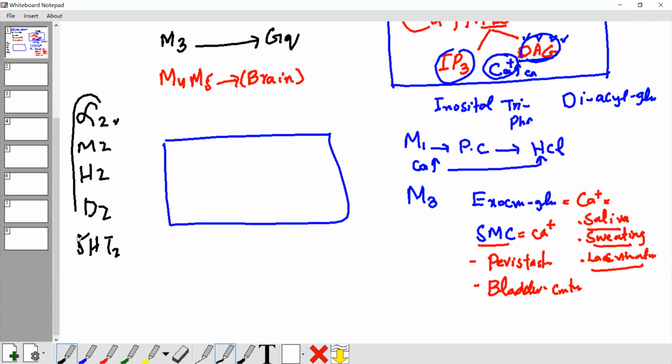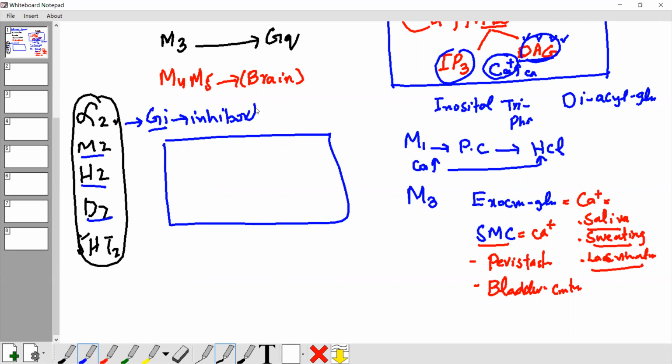All these receptor attached with GI. So all these receptor are inhibitory. Our concern just about this M2.